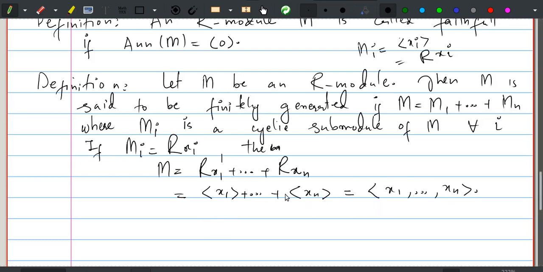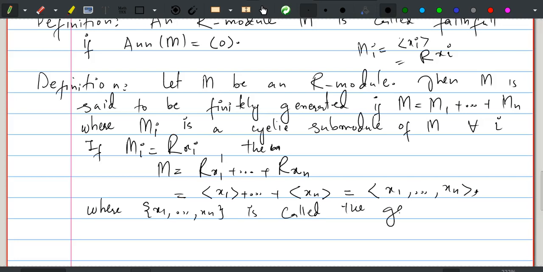So this set is called the generating set. So let us write this down here, where x1 so on xn is called the generating set of M. So a module M is actually finitely generated if it is generated by finitely many elements.